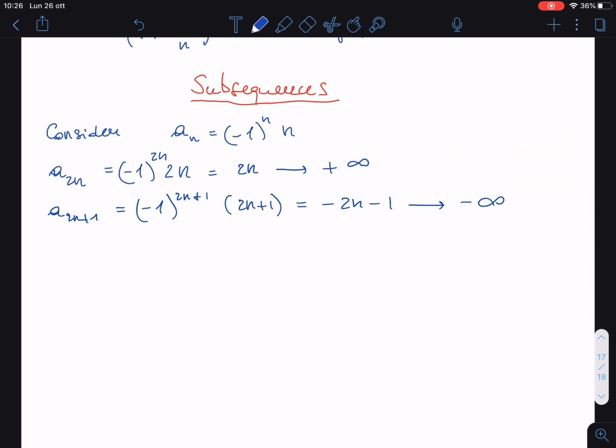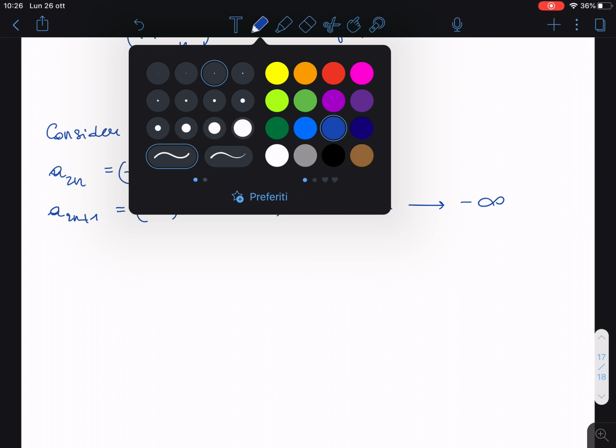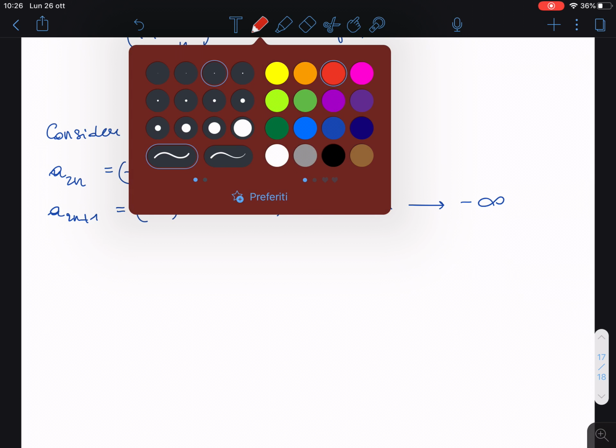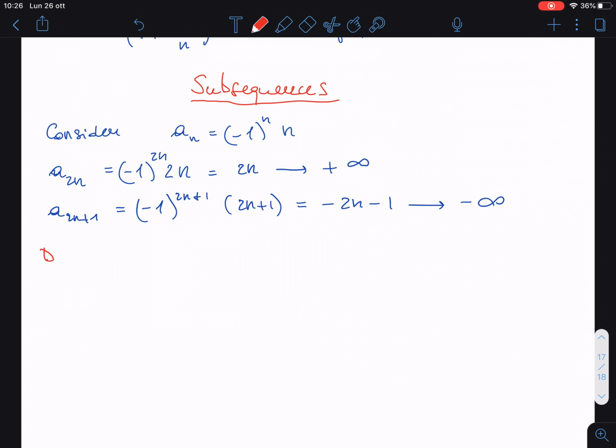Okay, so there is another sequence made of the elements of the original sequence, kept in the same order, that goes to minus infinity. And now the idea, what is a subsequence? No, it's really not a definition. I want to give you the idea.